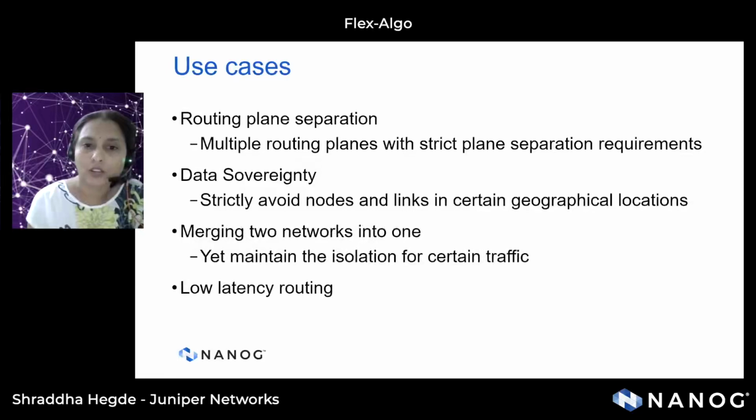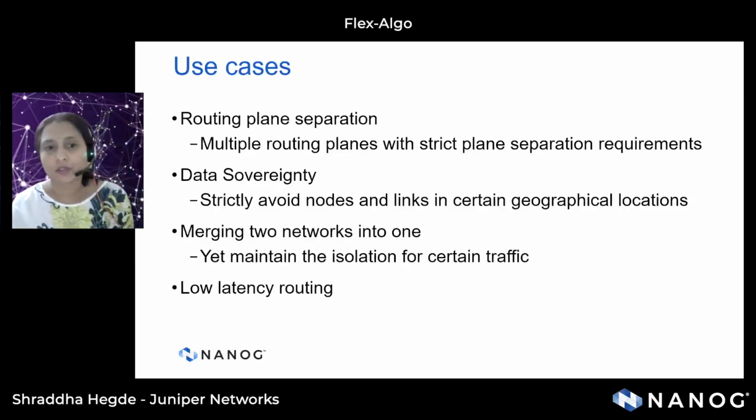They really don't want that traffic to use, for example, the same path as VPN traffic, which is more latency sensitive traffic.